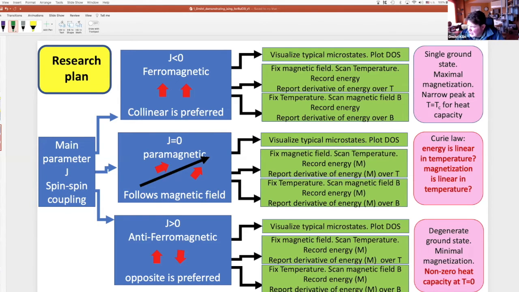As a sanity check, one may explore several regimes. The main parameter is the spin-spin coupling, and the actual regime that one needs for realistic modeling is when the coupling is positive. But prior to this, one may check some artificial regimes where this coupling has a different sign.